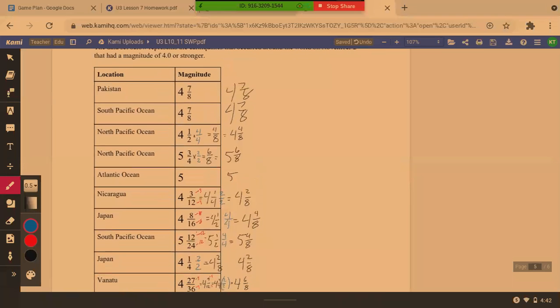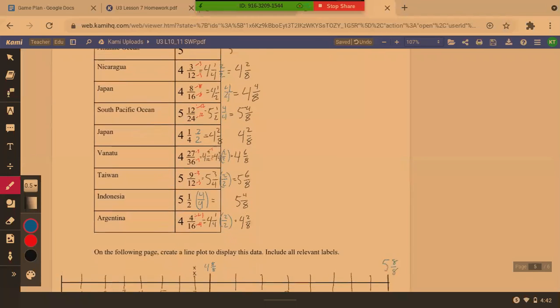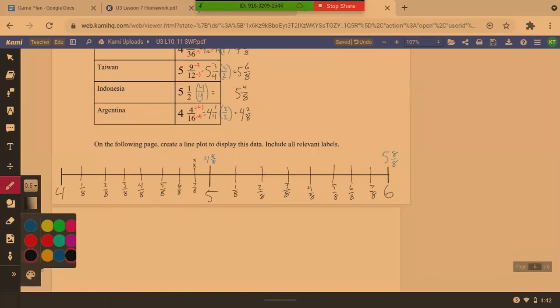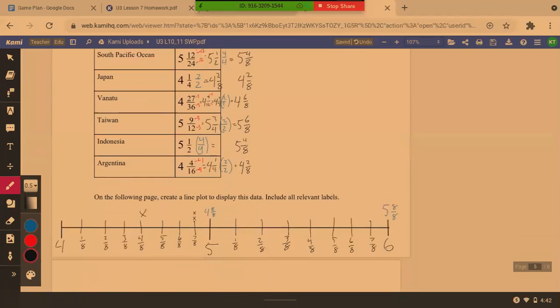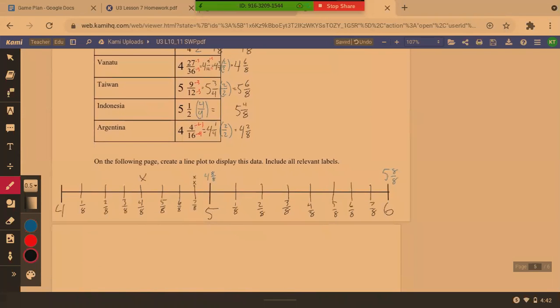I got 4 and 4 out of 8. The next one is 5 and 6, 8. Then we had 1 over 5. Oh, I guess I have to move that.